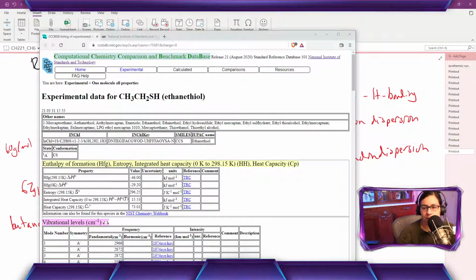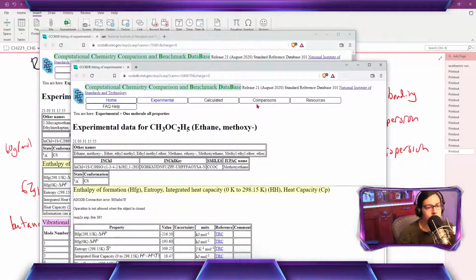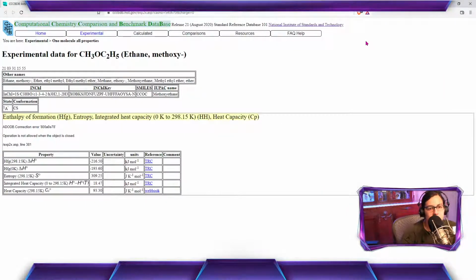So if you could find a nice, there we go. I was just trying to find it from the same source. So this is good. And so NIST is always a good website for looking up standards. So National Institute of Standards and Technology. And do we have a dipole moment here?